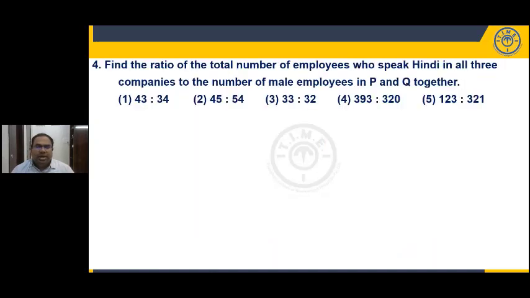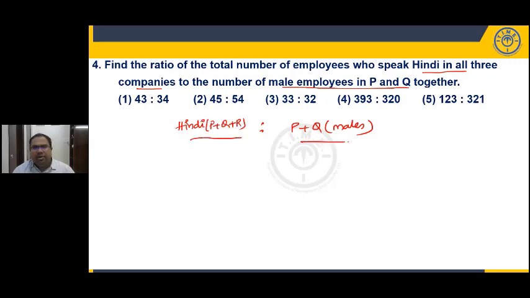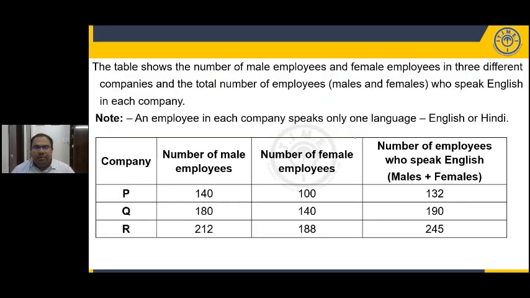Look at this. The ratio of total employees who speak Hindi in all three companies to the total number of male employees in P and Q together. P plus Q males, add these: 320. And we want Hindi speaking in P plus Q plus R. This is simple now.